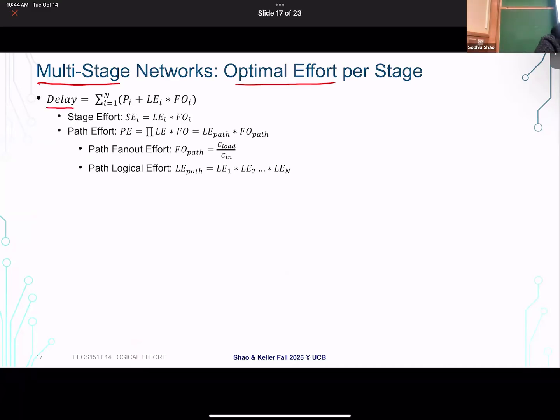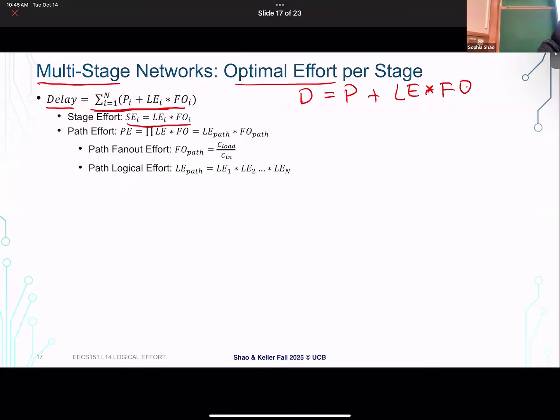Again, the overall delay, as we mentioned, for each stage, is basically parasitic plus logical effort multiplied by fan out, right? This is for a single gate, and when we look at the entire path, we basically sum every stage together, right?